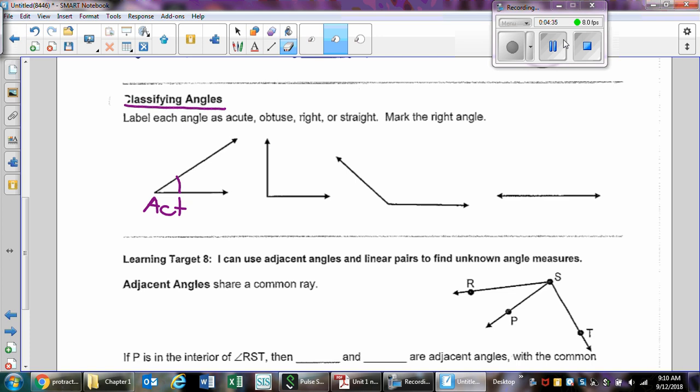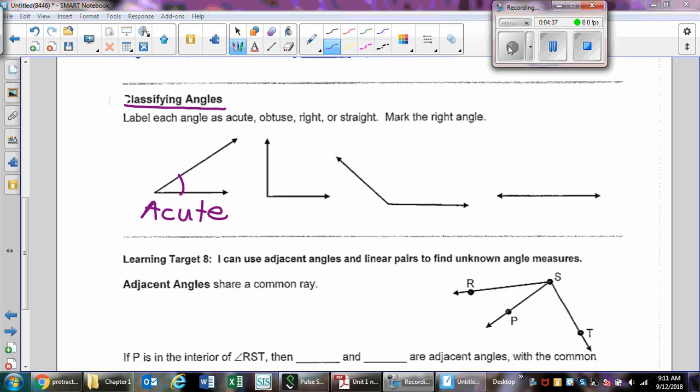One property you need to remember about an acute angle is that it is less than 90 degrees.